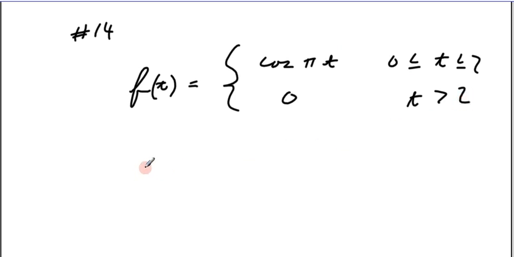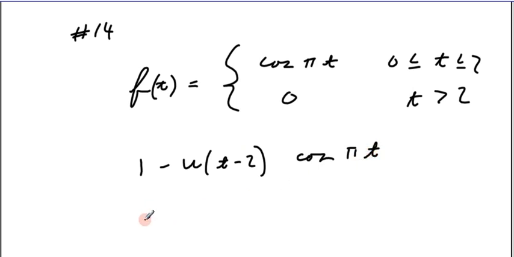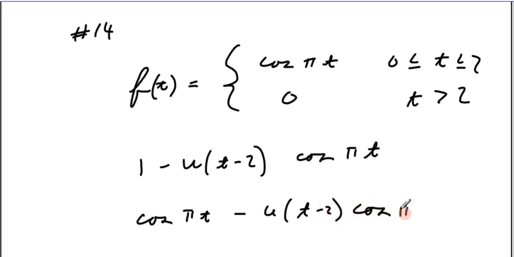Okay, so my function is going to be 1 minus the unit step function of t minus 2 cosine pi t is what it is.